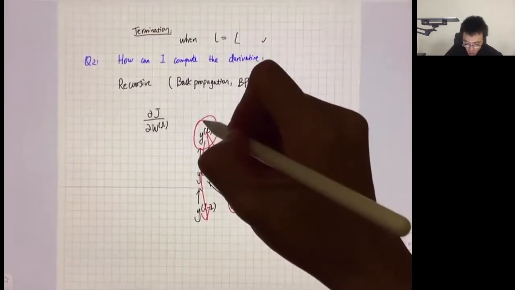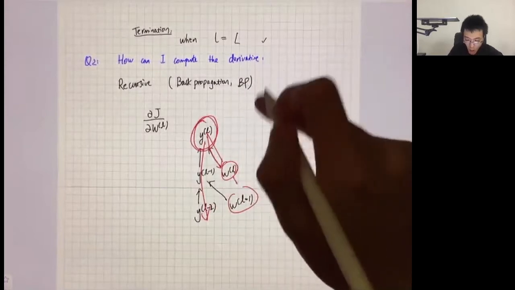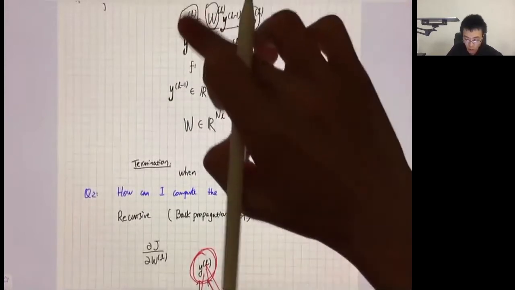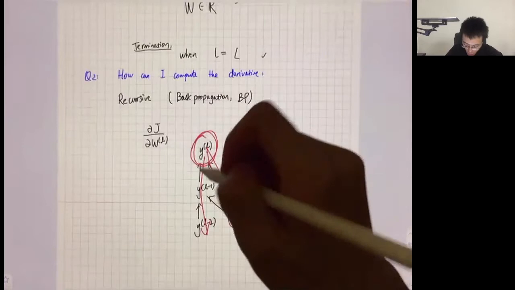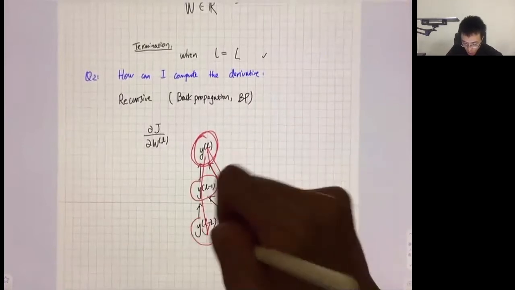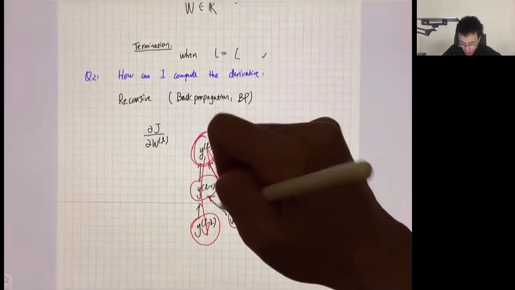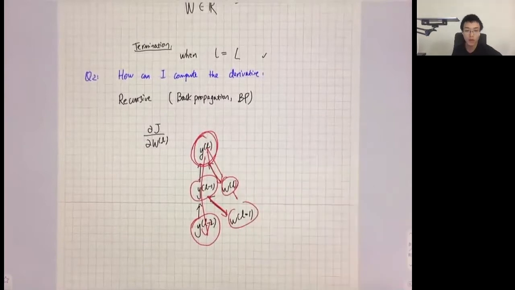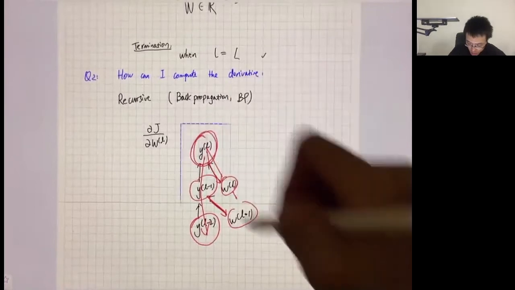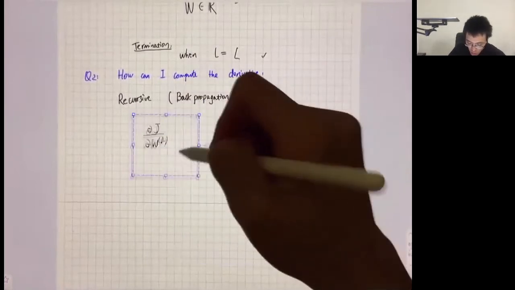Rather, you should use the partial derivative of Y or the partial derivative of Z. They don't differ too much. You do the recursion on that, and then as a side product, you compute the partial derivative with respect to W for each layer, okay? So this is not a good idea.